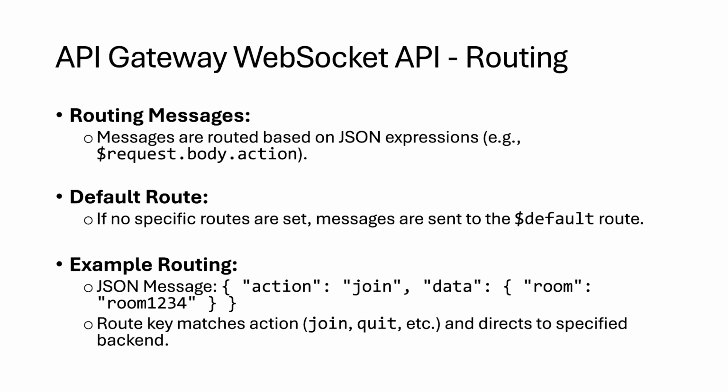Okay, for example, a JSON payload. In this JSON payload, you will have an action called join, and one more piece of information called data, which is the chat room you want to join.